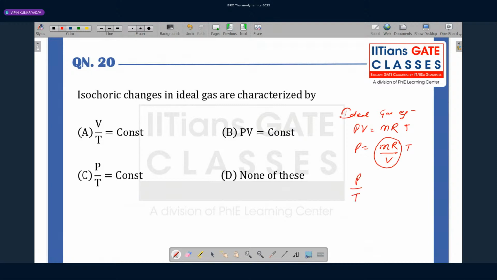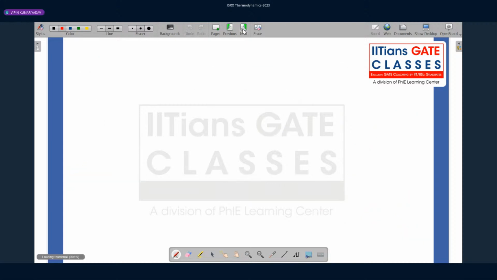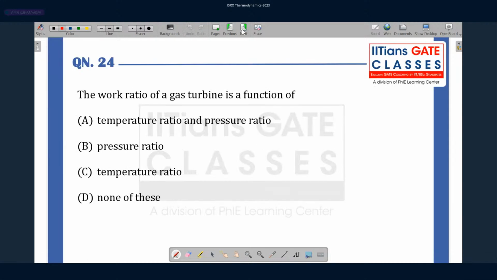So I can say pressure by temperature is equal to constant. This is the ideal gas equation for isochoric process. Okay. So this is your right answer. Very simple question.